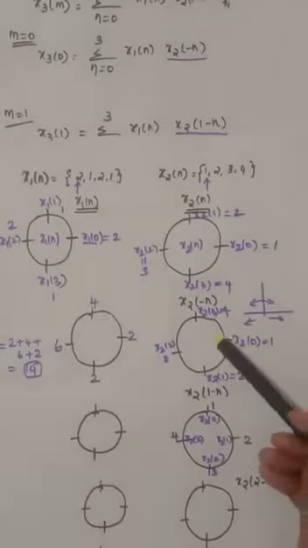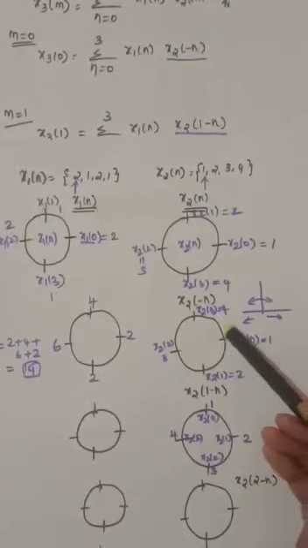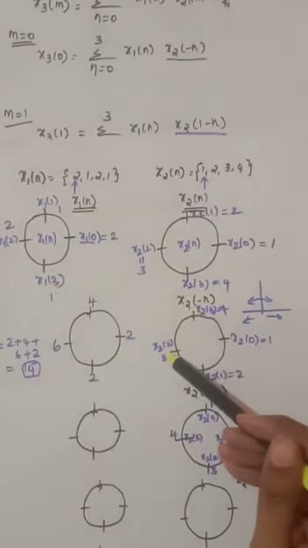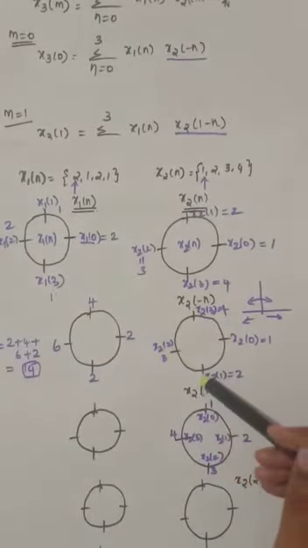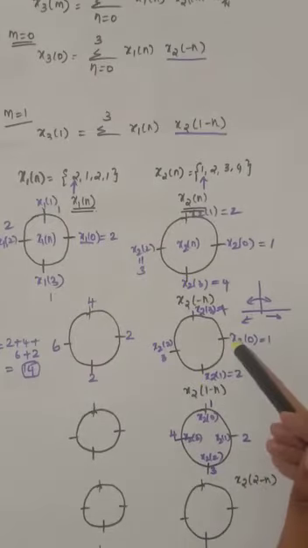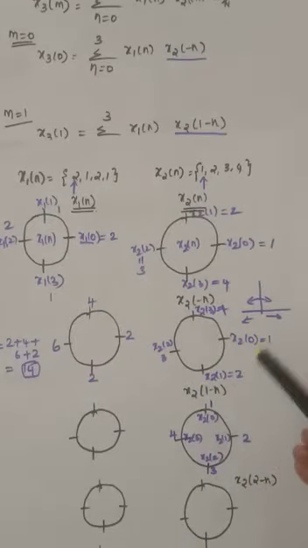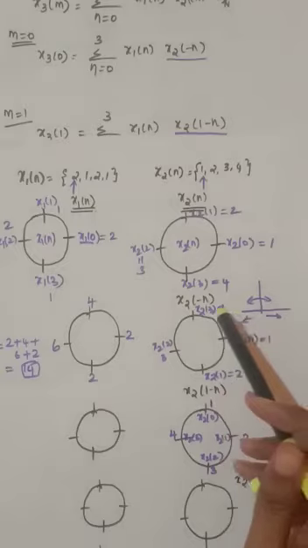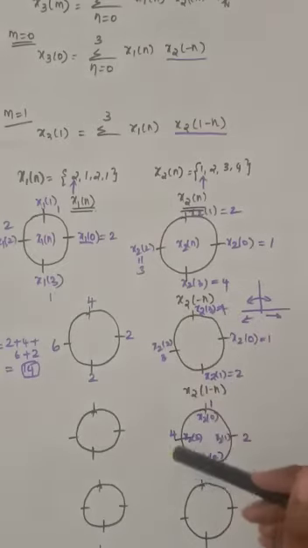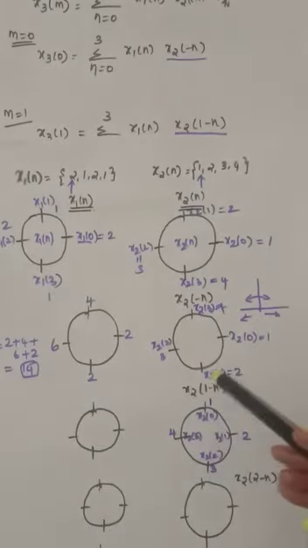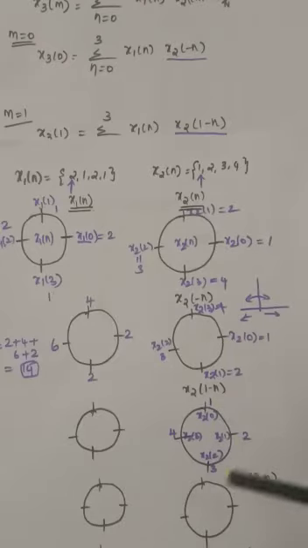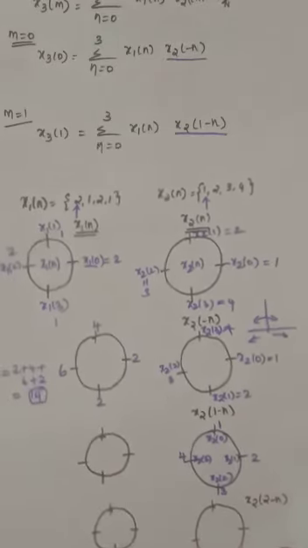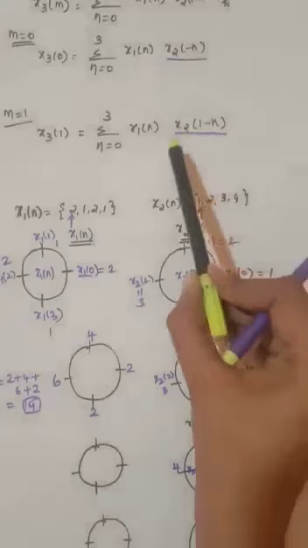I need to shift in this manner: x2 of 0 will come here, x2 of 3 will go here, x2 of 2 will come in this place, and finally x2 of n will move into this place. So when I shift, 1 will come here, 4 will come here, 3 will come here, 2 will go here. Okay, so I got this. Finally I have obtained x2 of 1 minus n.